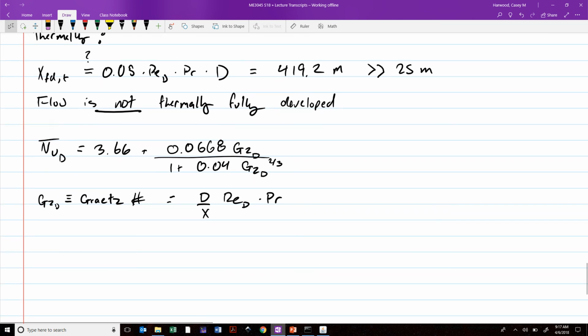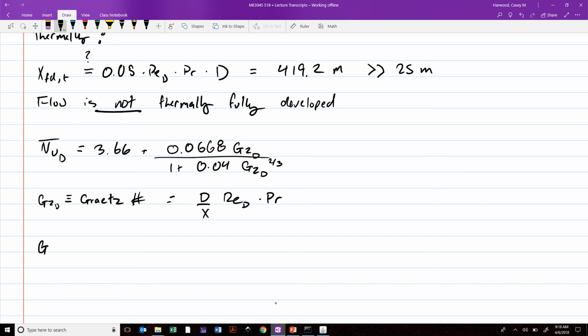So for this particular flow, we're dealing with the mean Nusselt number, which means it's the average between the beginning of the pipe and some position x. And so where that x comes in is through the Graetz number. So if we want the mean Nusselt number over the entire length of the pipe, we need to plug in L for x, right? The total length of the pipe is 25 meters.